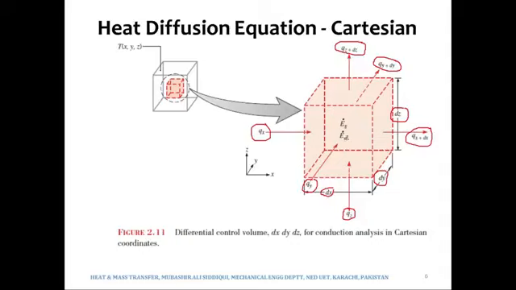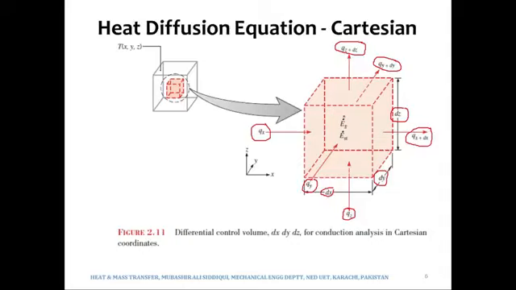However, in addition to that, we have two more energies, E stored and E generated. E stored is the amount of energy that the system will store. The system may store energy, or it may not. If there is energy storage in the system, that would mean that the system will keep on absorbing energy, as a result of which its temperature at a particular location will rise.